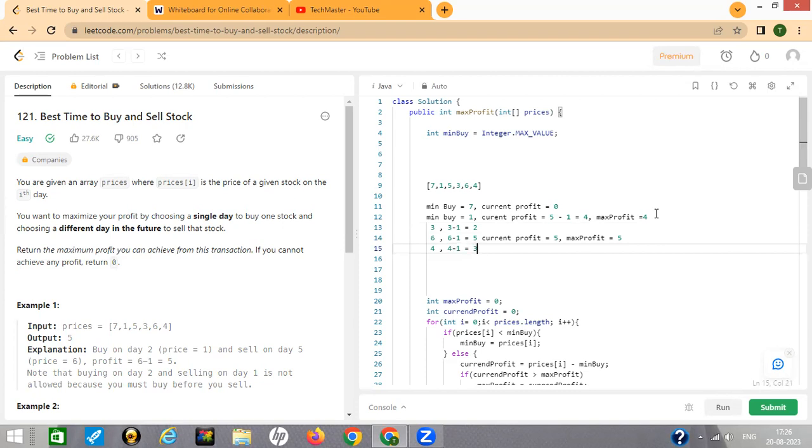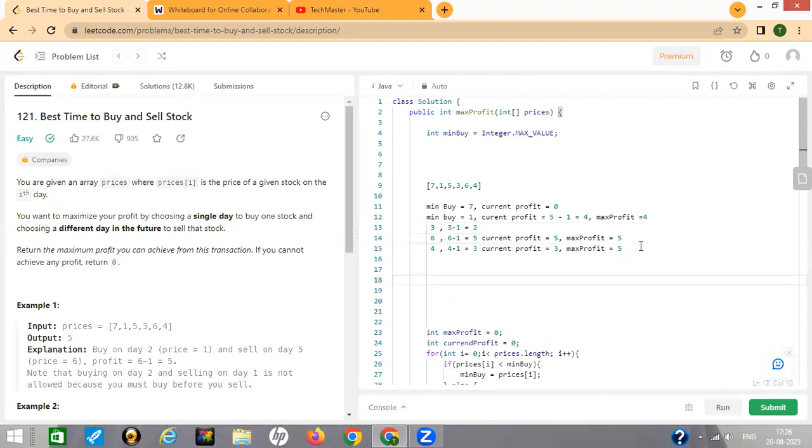So our current profit will be 3, but max profit remains 5. And we return the max profit. So return max profit equals 5.